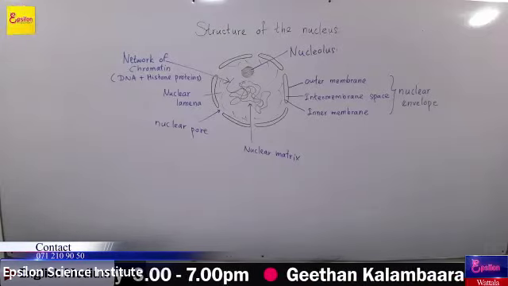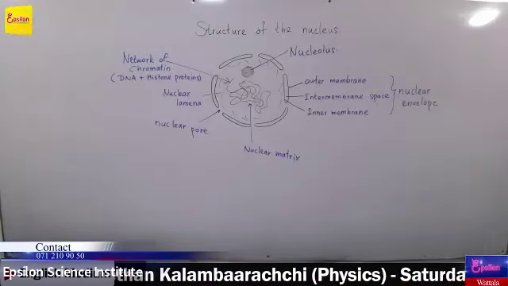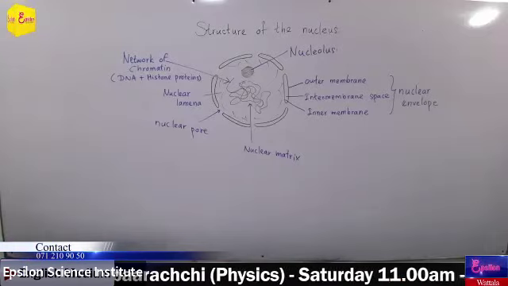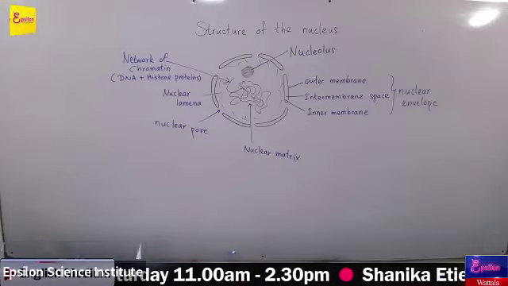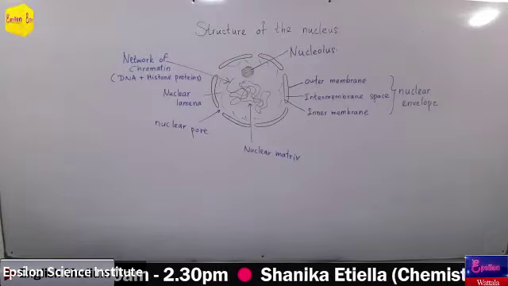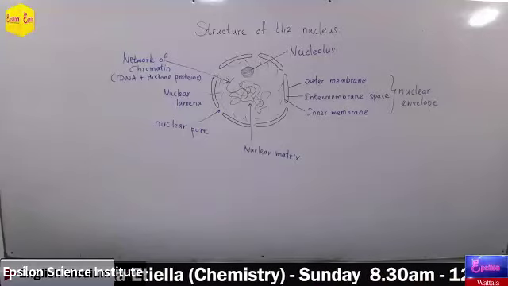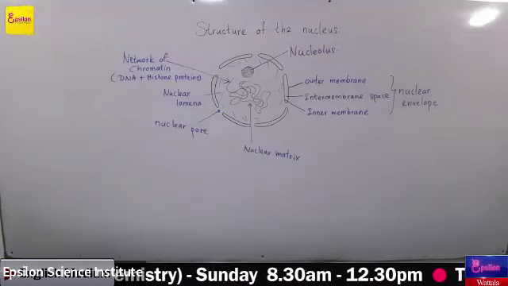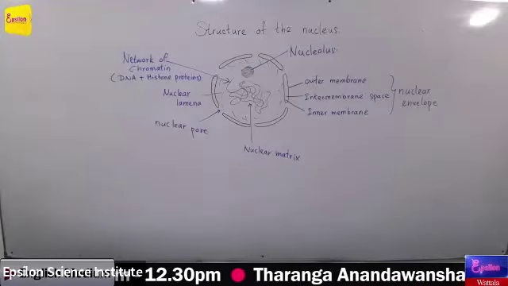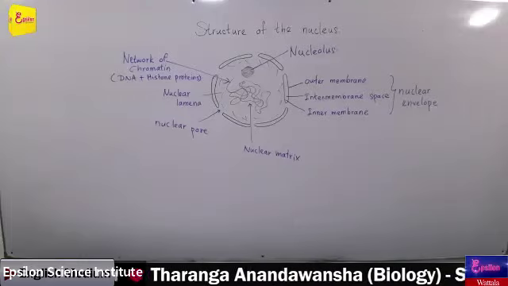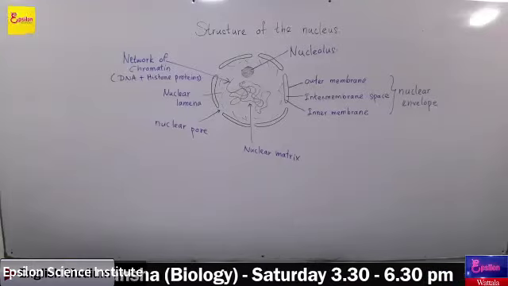Chromatin and nucleolus are embedded in the nuclear matrix.